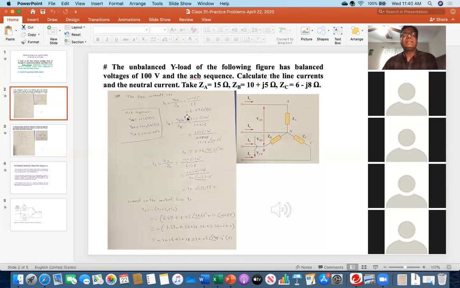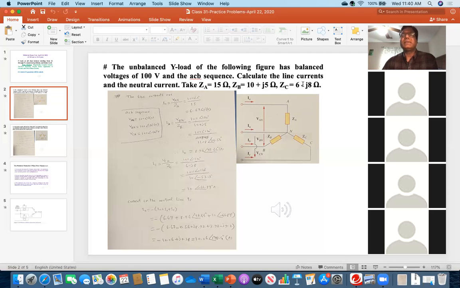And as you can see, current IA has 0 degree, but current IB has 93.44 degree. And then IC has 10 at minus 66. As you can see, it is not like a 120 degree difference. So that's why current is also unbalanced, because impedance is unbalanced, accordingly currents are also unbalanced.